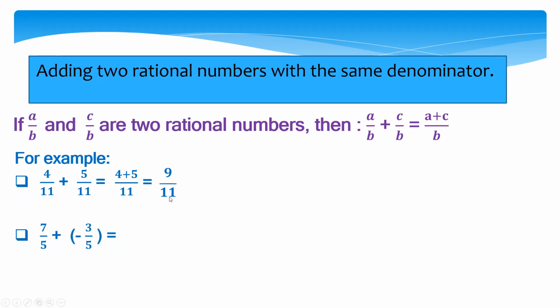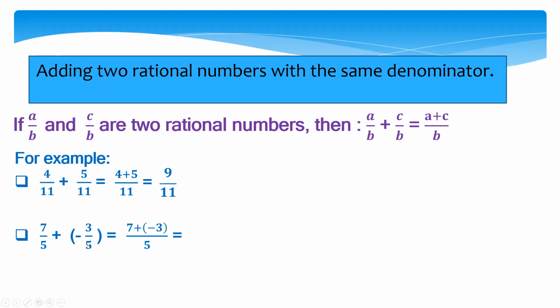A second example. 7 over 5 plus negative 3 over 5. I have here the same denominator 5. I will write it and add 7 plus negative 3. Attention here. In the first one, the two numbers are positive, so I will add 4 plus 5.